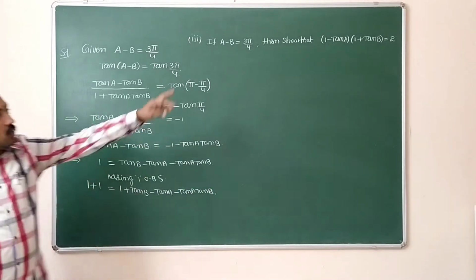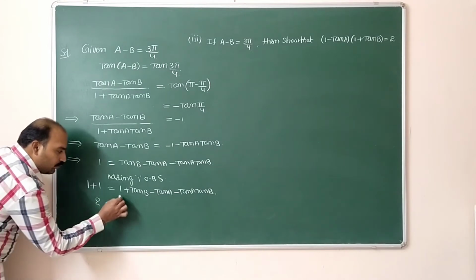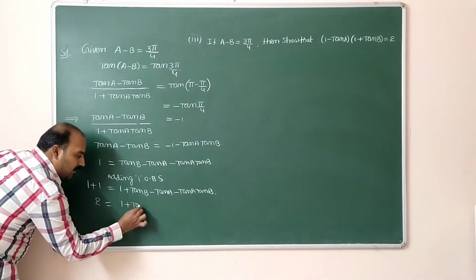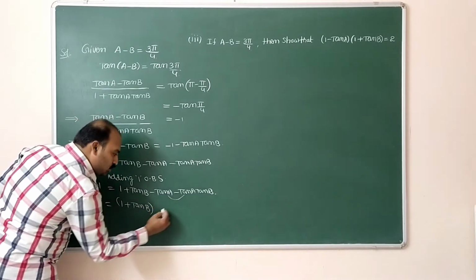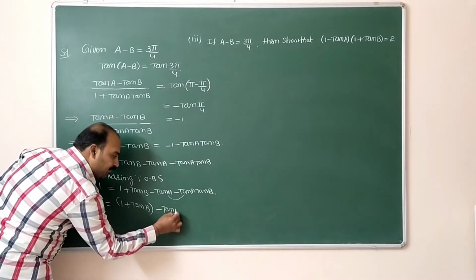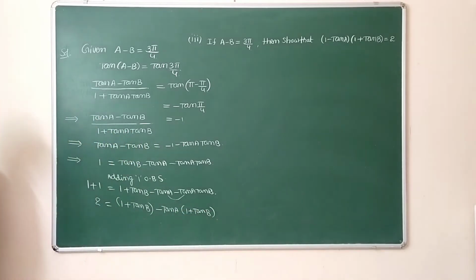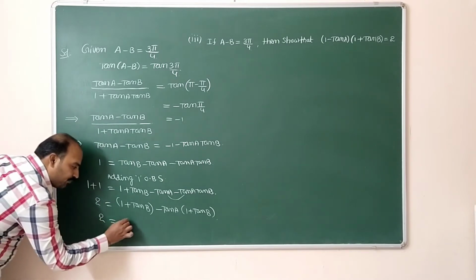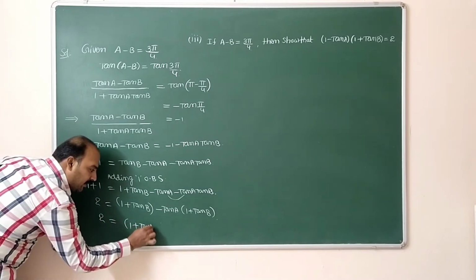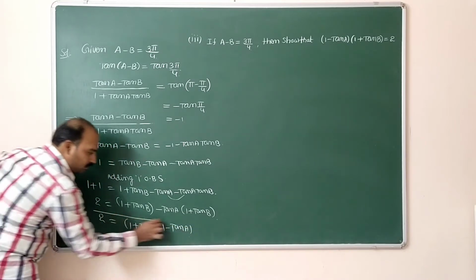They are asking to prove 1 plus tan B into 1 minus tan A. So 2 equals 1 plus tan B, take as it is. From these two terms, minus tan A take common, 1 plus tan B. So now from these two, 1 plus tan B take common. So 2 equals 1 plus tan B take common into 1 minus tan A, hence proved.